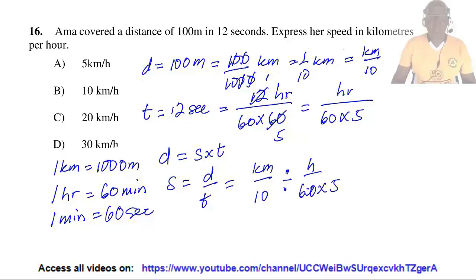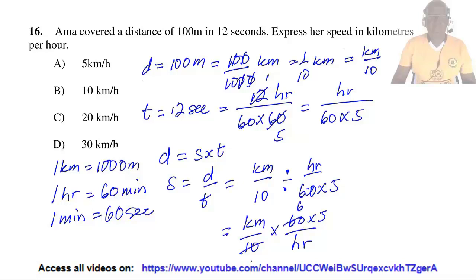Now, this is the same as kilometer divided by 10 times 60 times 5 divided by hour. 10 goes here 1, 10 goes here 6.